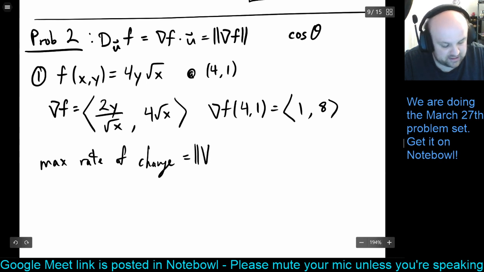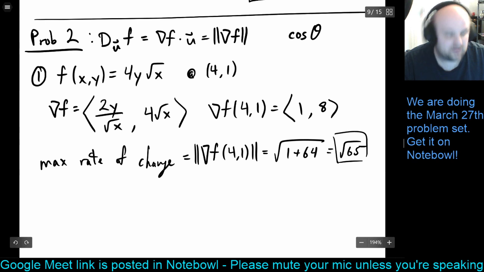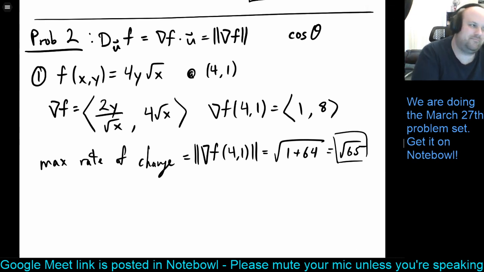is just the magnitude of this gradient at 4, 1, which is going to be square root of 1 plus 64. So that's 65, square root of 65. There's not a whole bunch more to say than that.